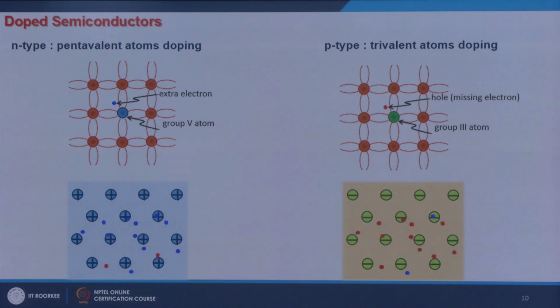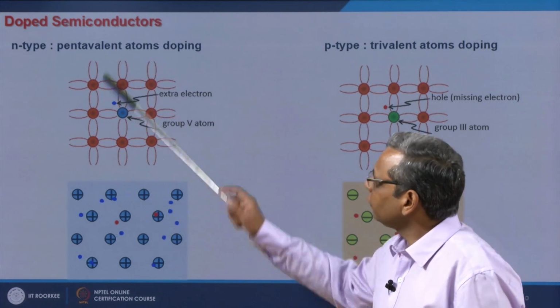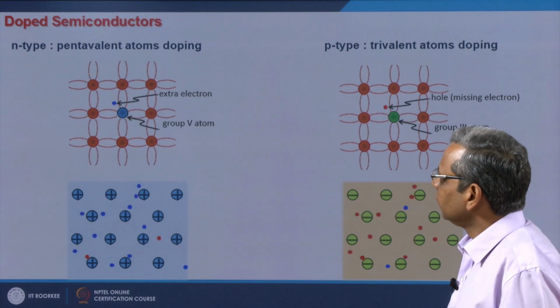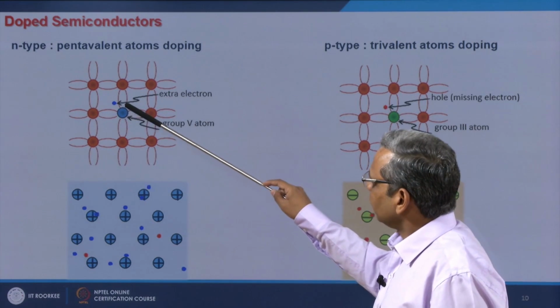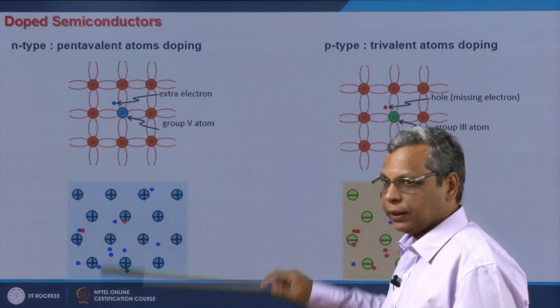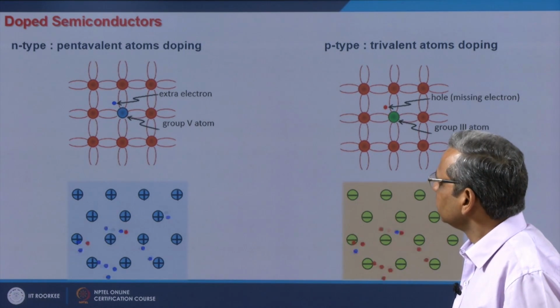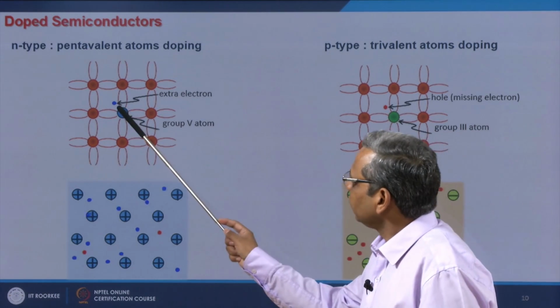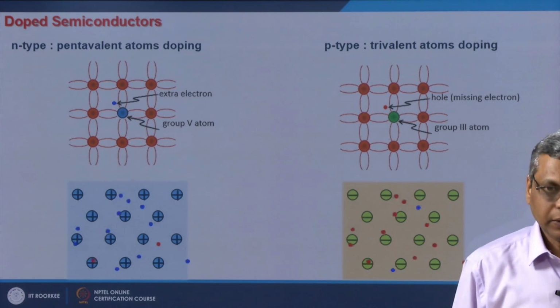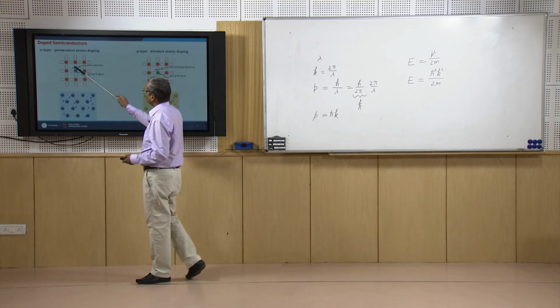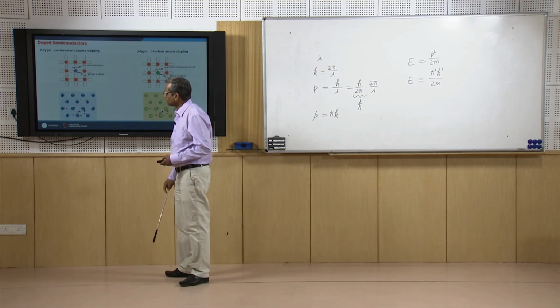If I do doping with pentavalent atoms, then 4 out of 5 valence electrons of this pentavalent atom make bonds with 4 valence electrons of the semiconductor material, and 1 electron is left, which is now available for conduction.